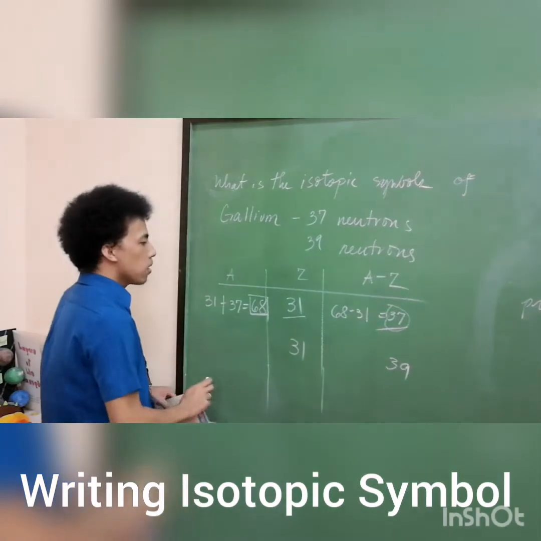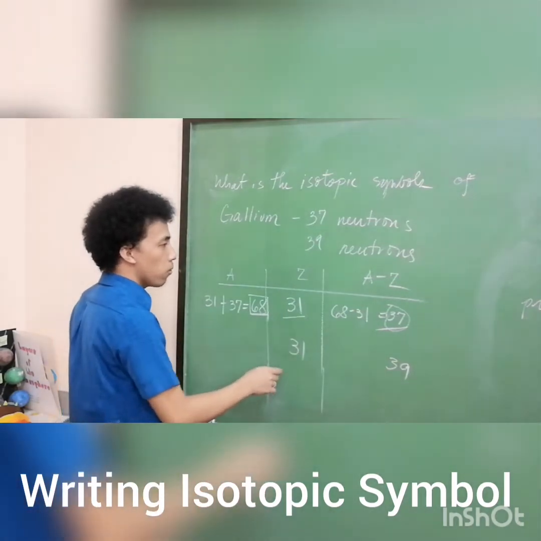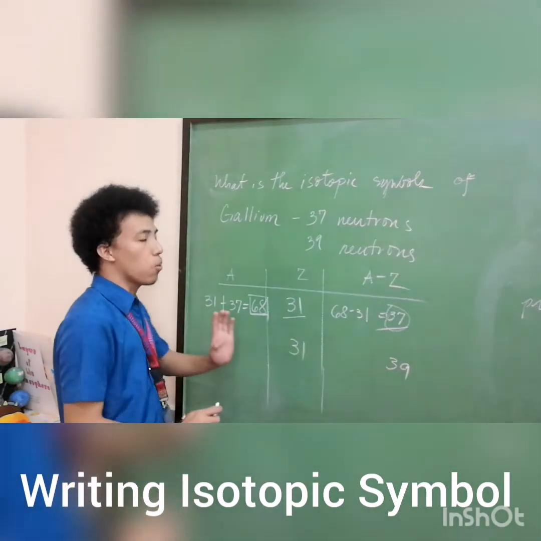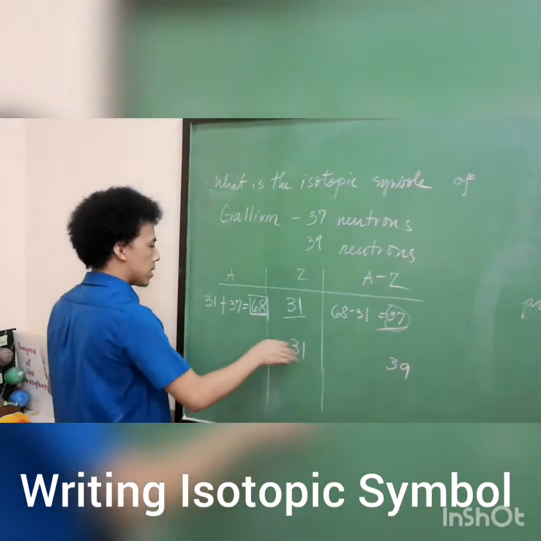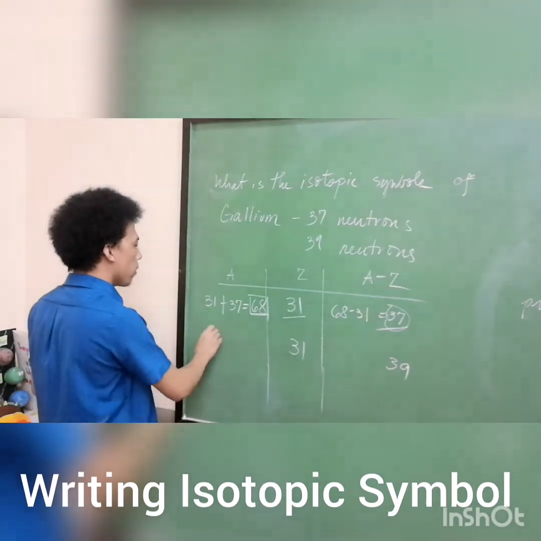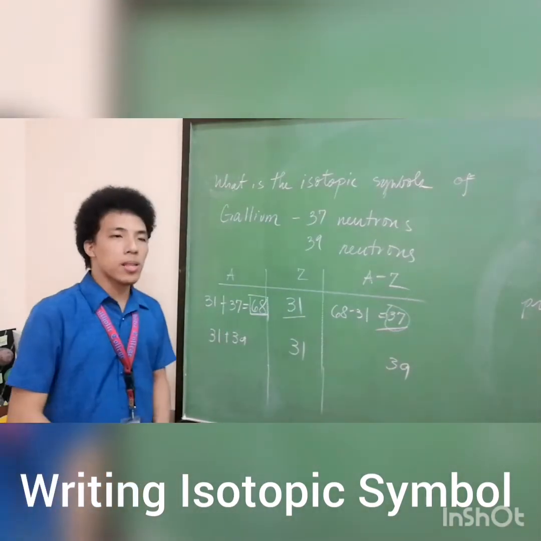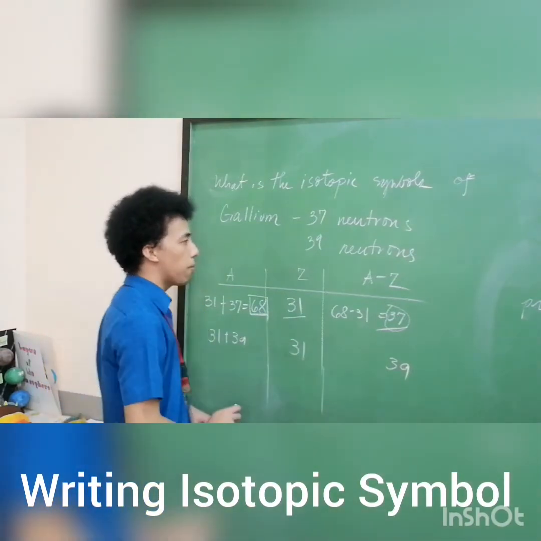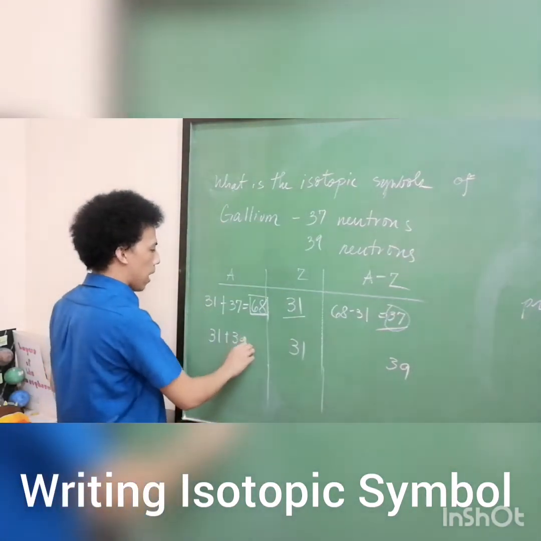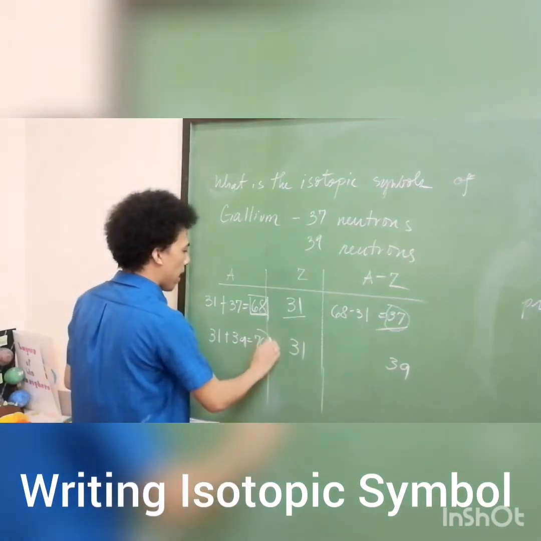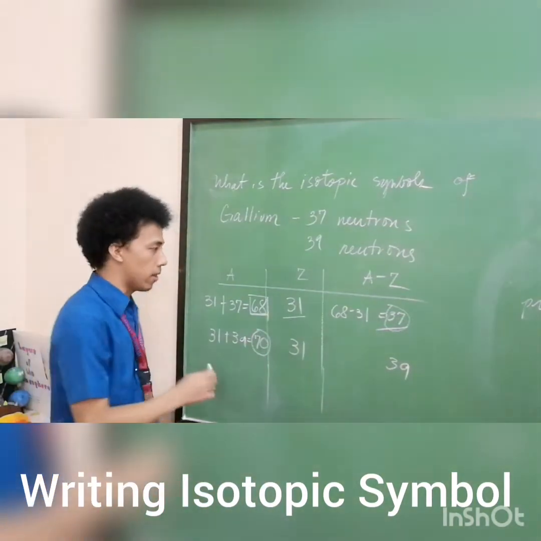The same thing, we're just going to get the reversibility of the operation and add. So let's add 31 plus 39. The atomic number of gallium plus the number of neutrons, 39, equals 70. So you get the mass for this second given, which is 70.